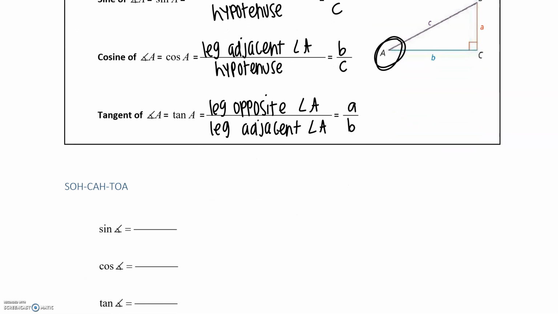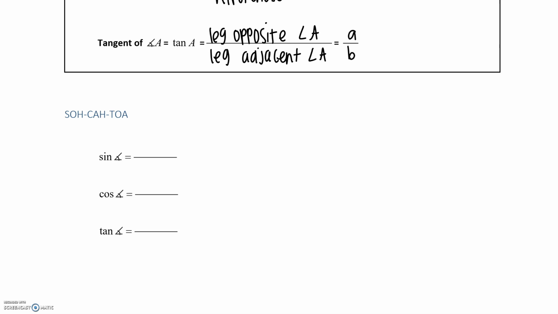Okay, so one way we can remember this is using this saying right here, which is SOHCAHTOA. So when we are looking at sine, we're looking at SOH, which is sine is opposite over hypotenuse.